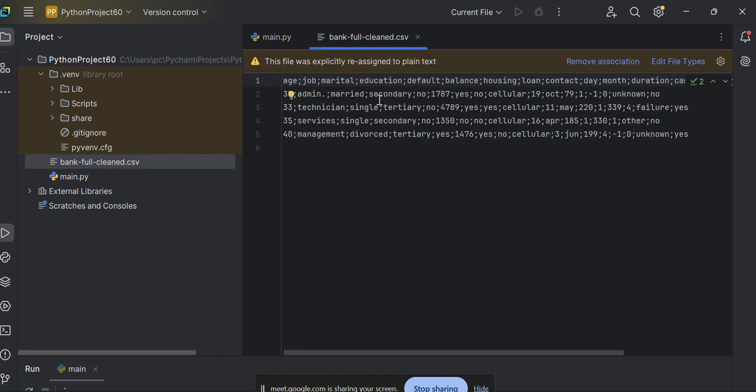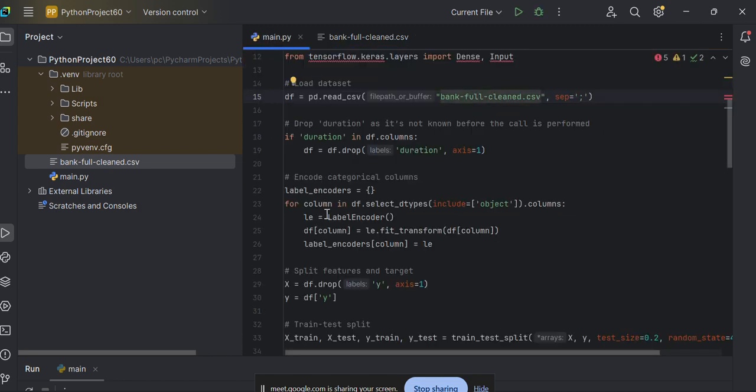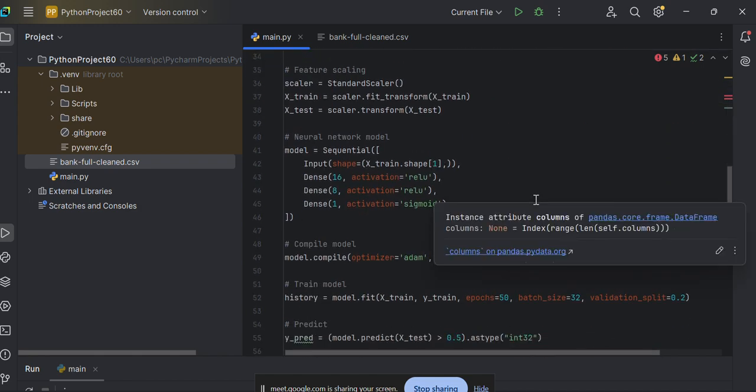We have seen that the dataset has columns like age, job, marital, education, and default. We used this code to run the dataset, and for encoding the categorical columns, we took the default column and transformed it.